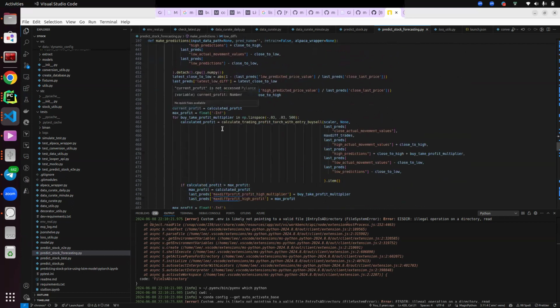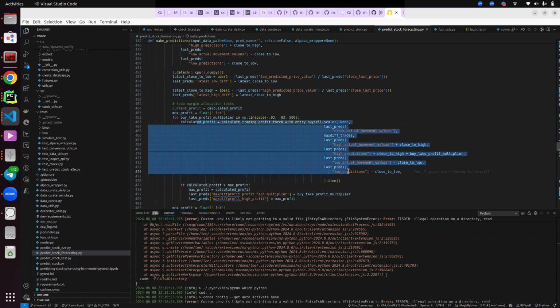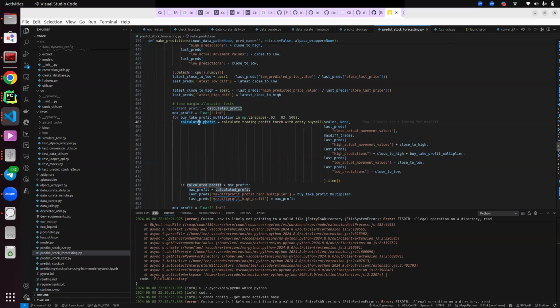I just try a few different multipliers and see which one gives the highest profit on the test set. So it's a bit dodgy practice, and I can't trust the numbers that come out of this. There's no check for overfitting. I should really have another check after this to see if this optimization process has actually made things better.